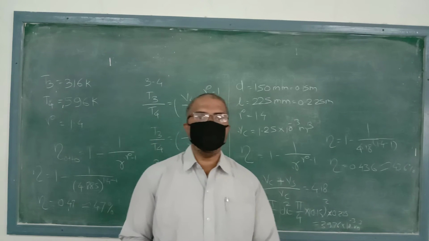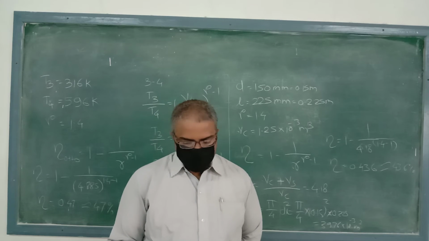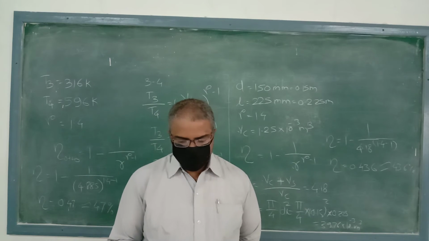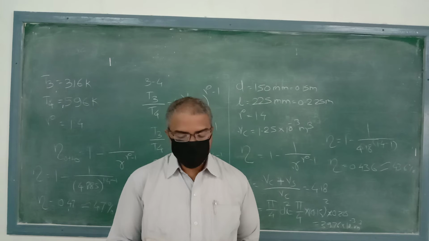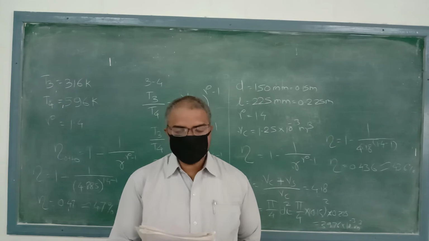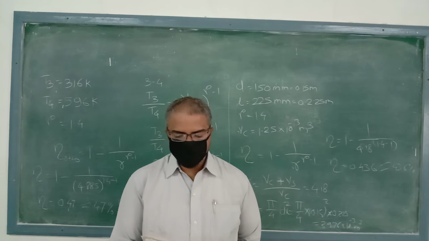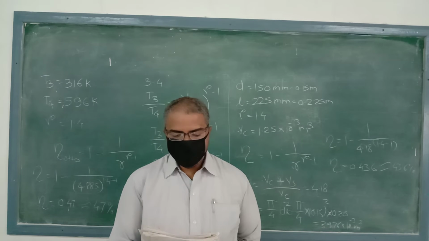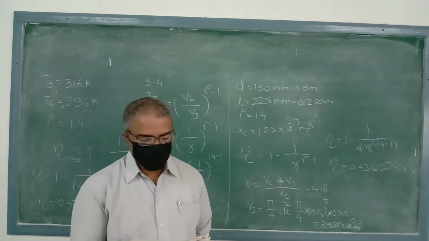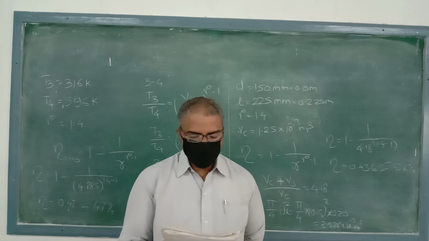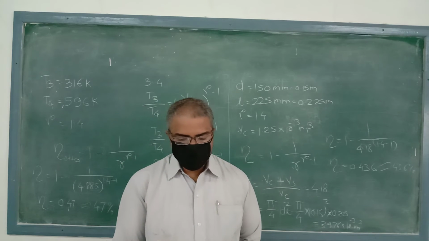Note down the problem. In a diesel engine, the compression ratio is 13:1 and fuel is cut off at 8% of stroke. Find air standard efficiency of the engine.